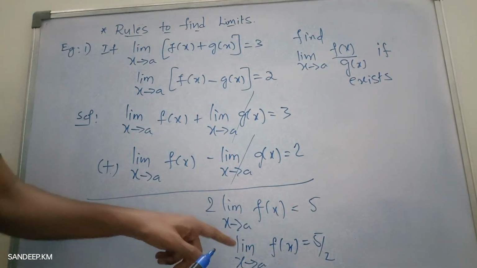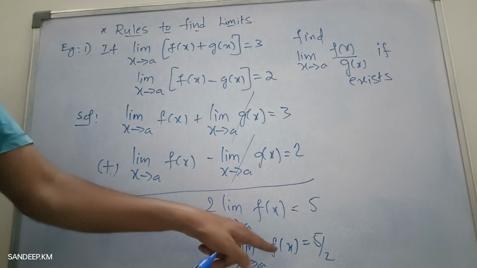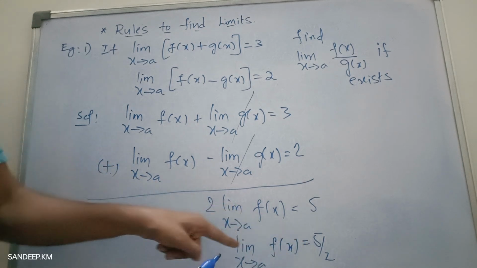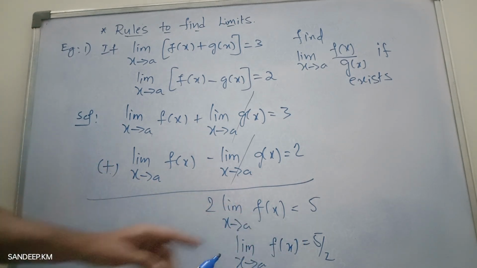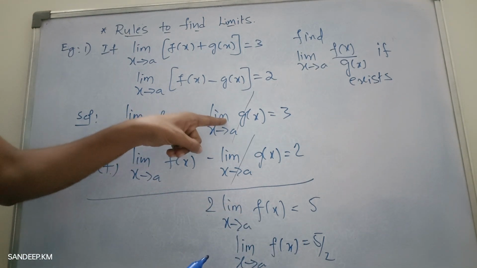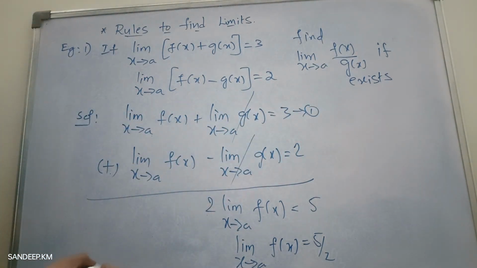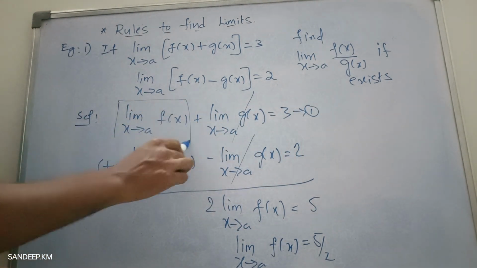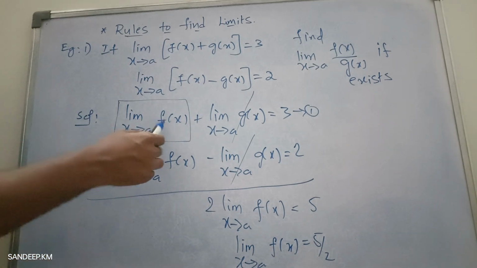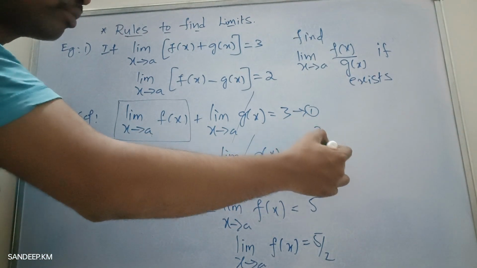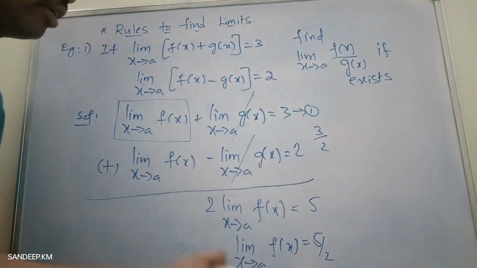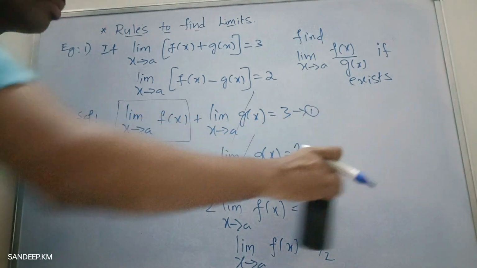I only got f of x value 5 by 2, which means what? The limiting value of f of x. I should also find the limiting value of g of x. So let me substitute in this first equation. Substitute the value of limit x approaches a, f of x, and its value is what? Sorry, not 3 by 2, its value is 5 by 2.